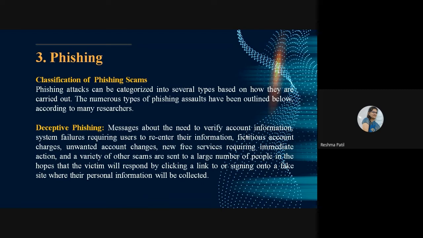Or services are added: if you want to get the advantage of this service, click on this site. Such messages will be sent to the user and the user will click on that site and reveal his personal as well as sensitive information. So this is the first type of phishing scam.